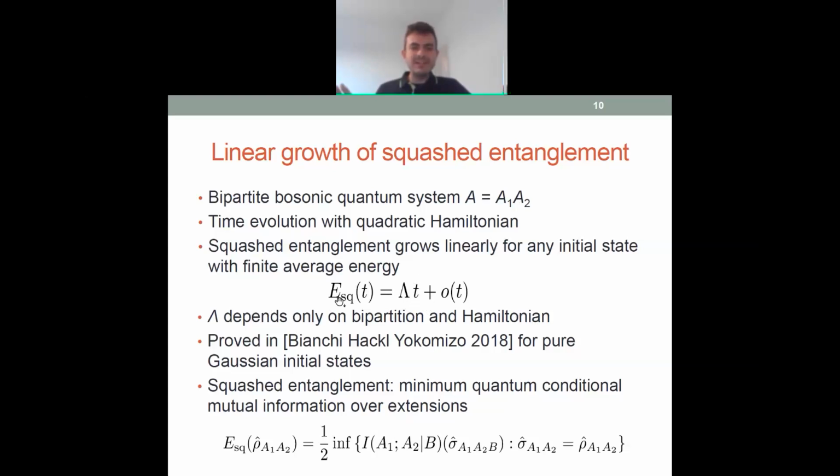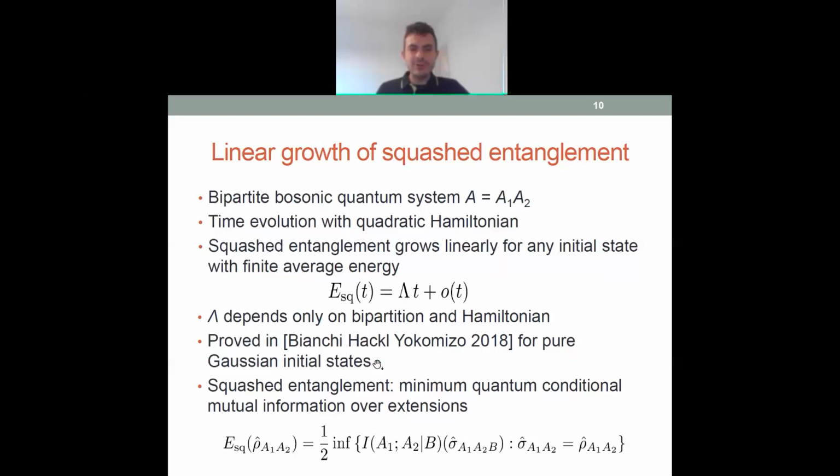And actually, this is a generalization of a result that had previously been proved by Bianchi, Hackl, and Giacomo a few years ago in the particular case of pure Gaussian initial states. So our result generalizes this to arbitrary initial states.